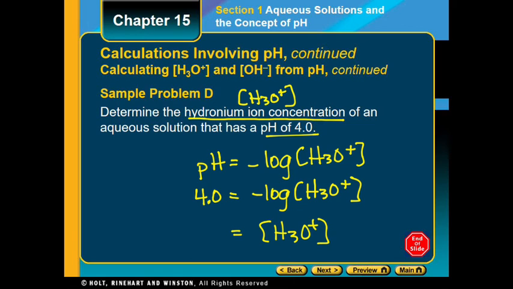But it needs to be negative 4.0 because I've got to bring my negative over. So again, second log, negative 4, and we get an answer that is 1 times 10 to the negative 4th.